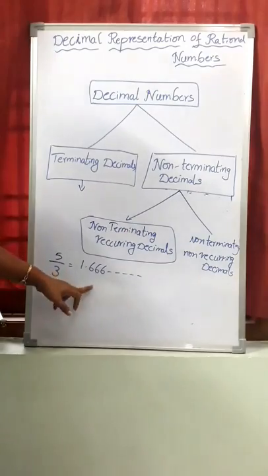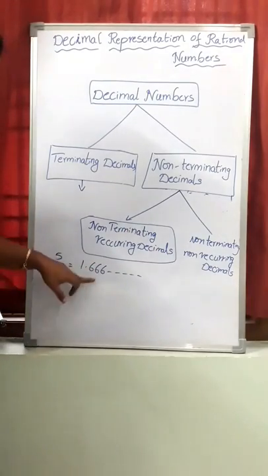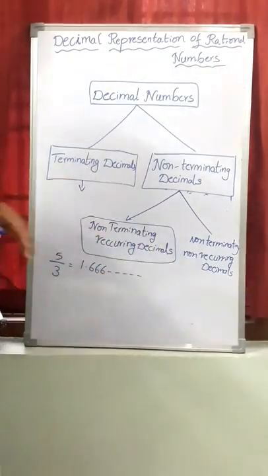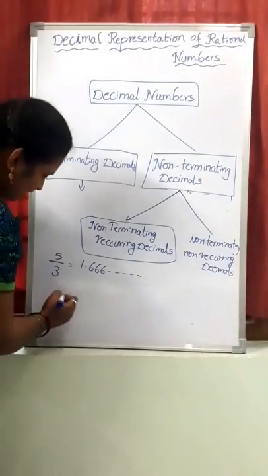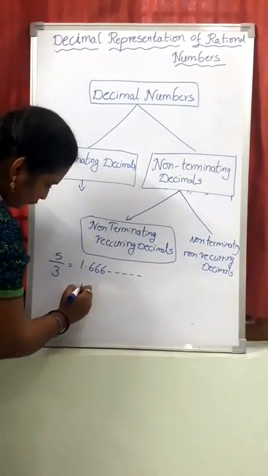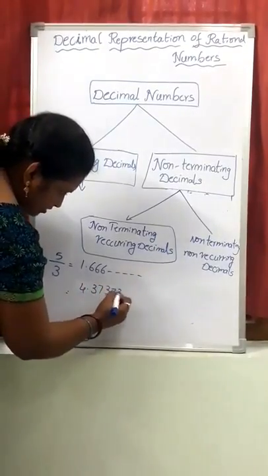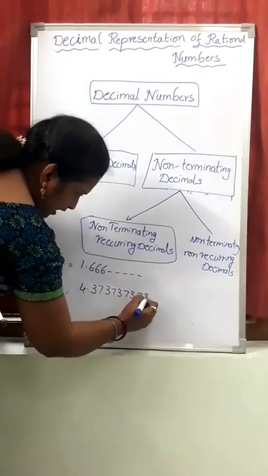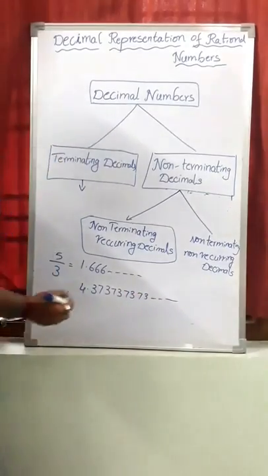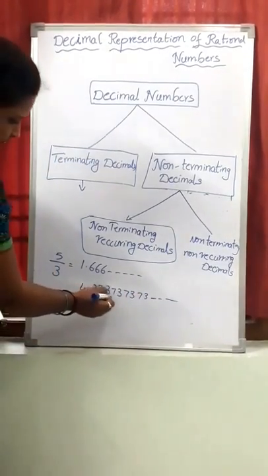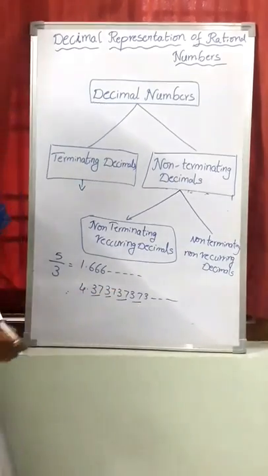Is it correct or not? Here only one digit is repeating. Like that, let us take another example. If I have 4.373737373, like this, it is repeating. See this one, 3737, 2 digits are repeating here.